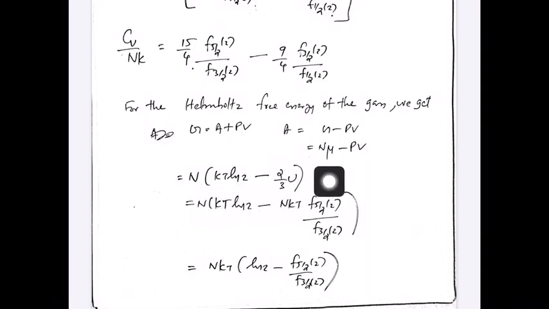We know this from the definition of the fugacity, z equal to e^(μ/kT). So μ is kT log z. PV is 2/3 of energy. We know pressure is 2/3 of energy density. So PV is 2/3 of energy. So NkT log z minus 2/3 of energy.